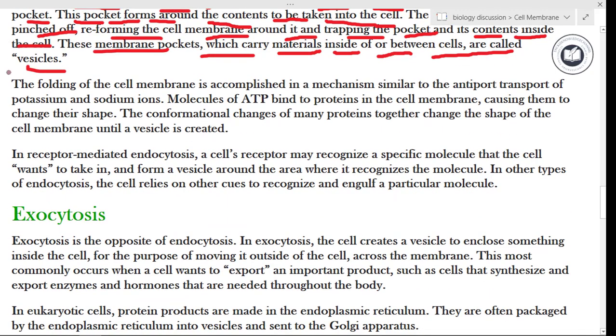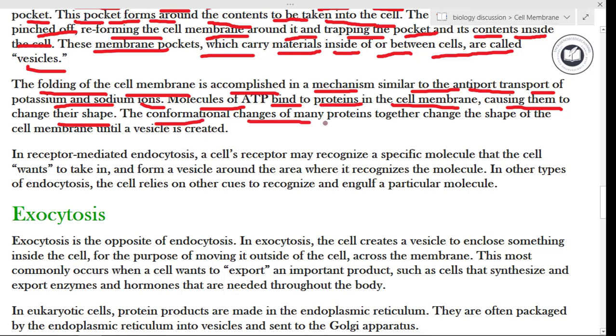Next, the folding of the cell membrane is accomplished by a mechanism similar to the antiport transport of potassium and sodium ions. Molecules of ATP bind to proteins in the cell membrane, causing them to change their shape.